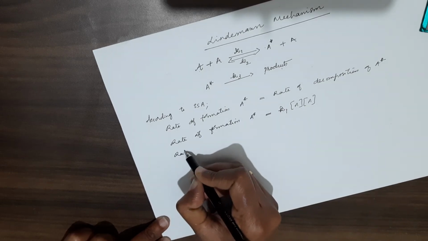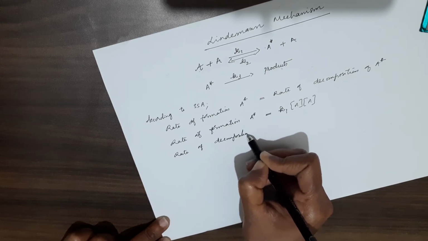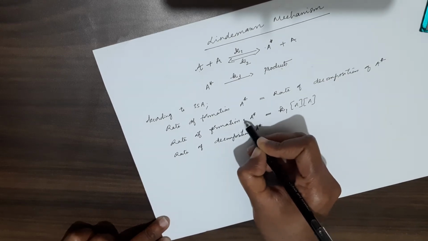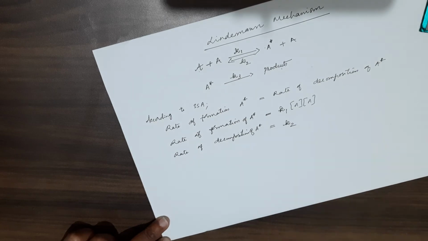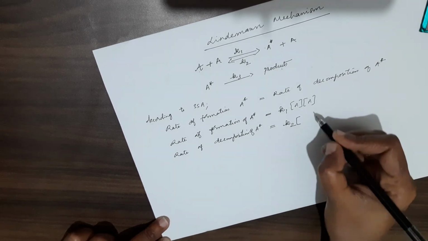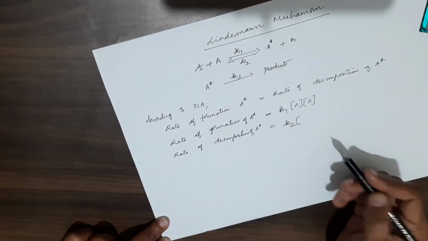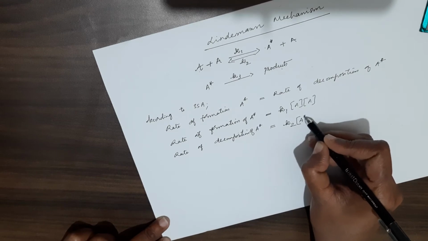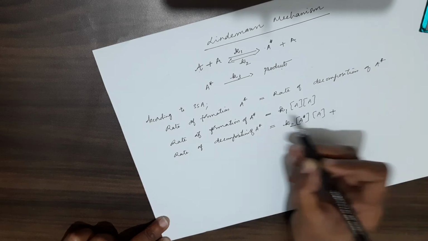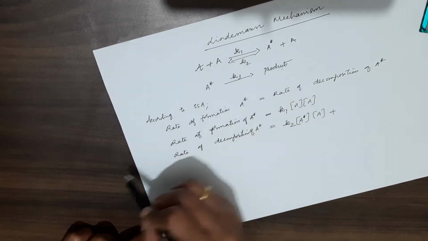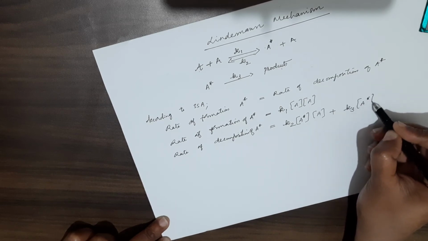So the rate of decomposition of A star should involve the two steps. The first step is the decomposition of A star back to the gaseous molecule, so K2 A star A. The next step is A star decomposing into products, so K3 A star.